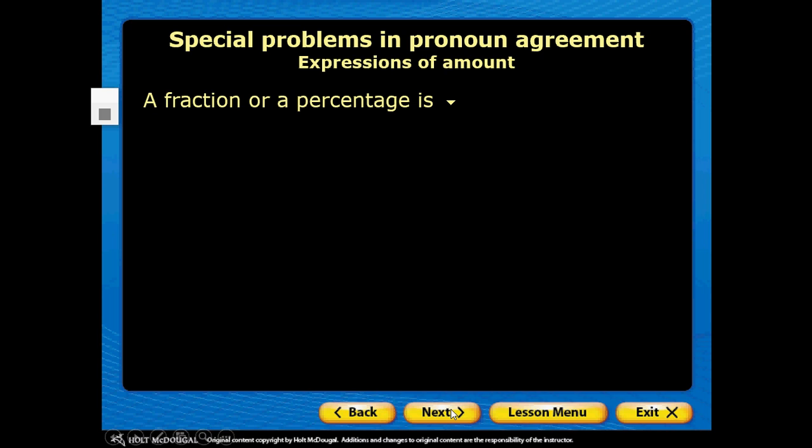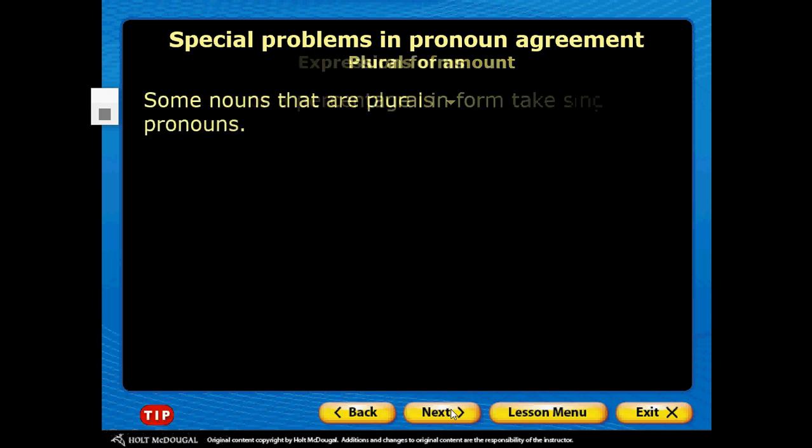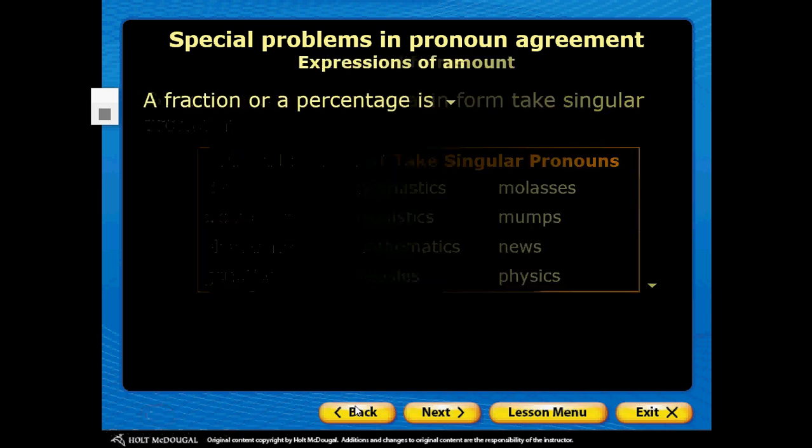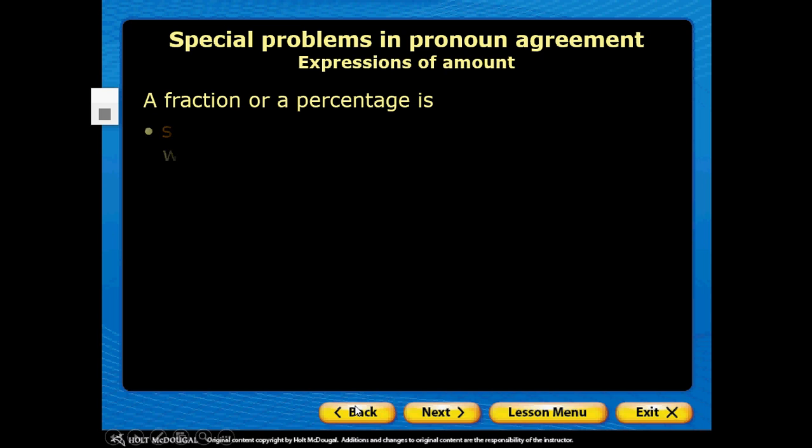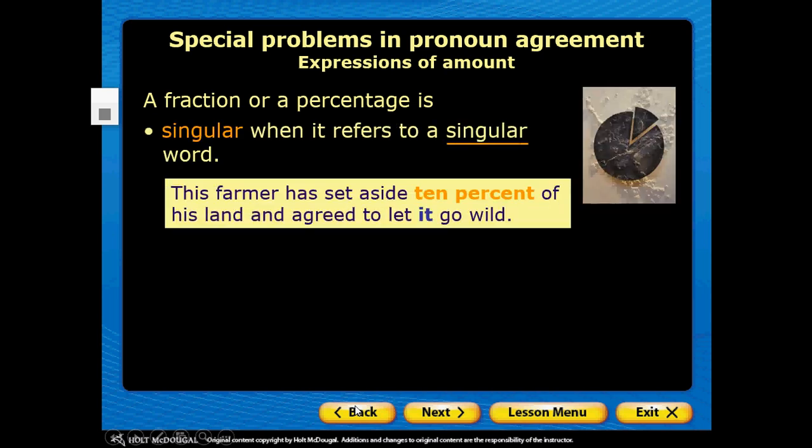A fraction or percentage is singular when it refers to a singular word. So when it refers to a plural word, then it's referred to as being plural. This farmer has set aside 10% of his land and agreed to let it go wild.